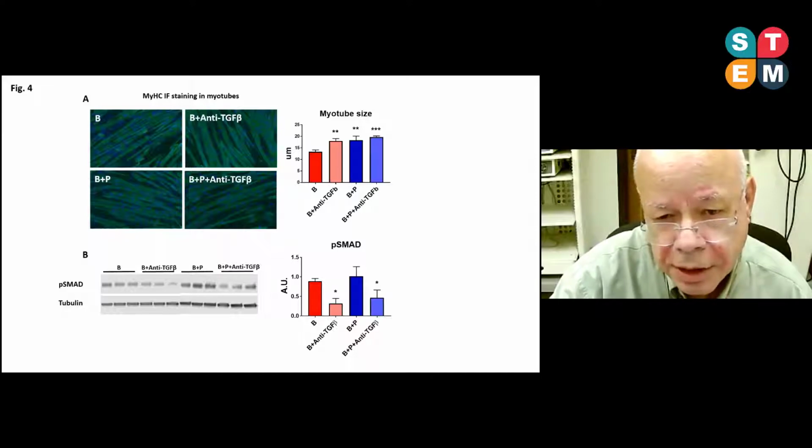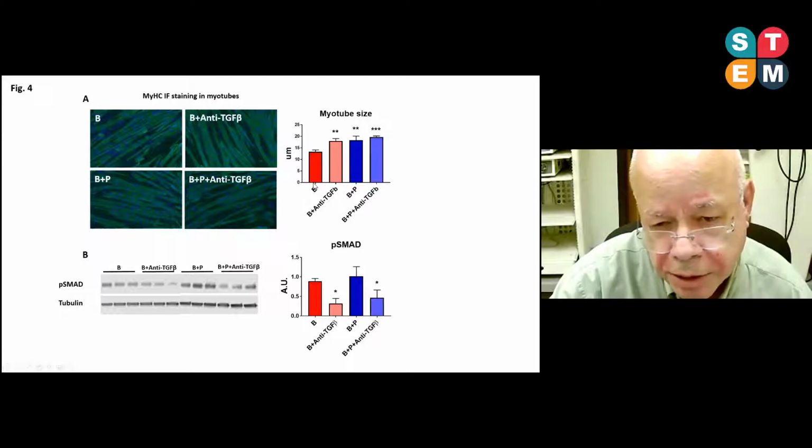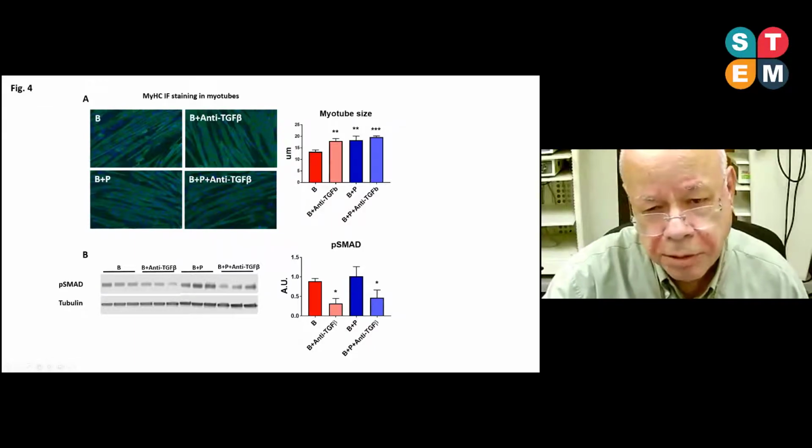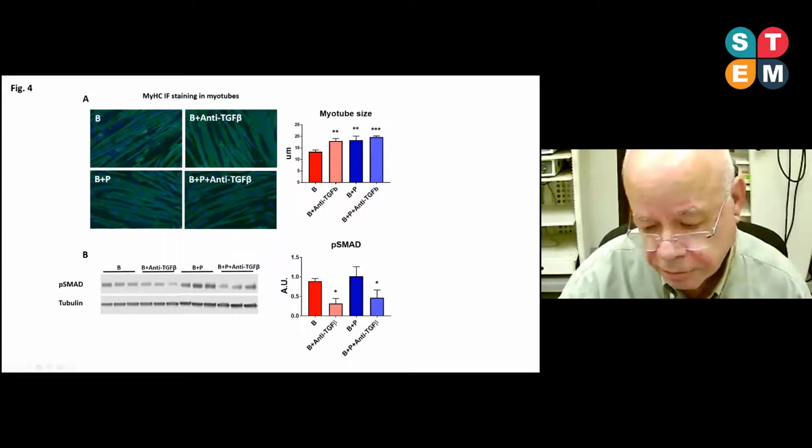So the most prominent change was here in the placebo group, where the TGF-beta antibody promoted rescue of the myotube size comparable to the bisphosphonate treatments.